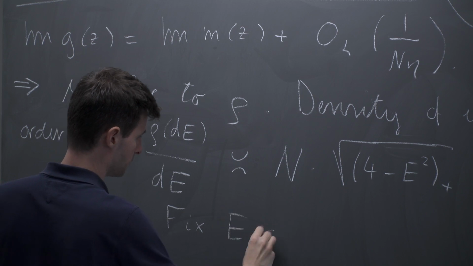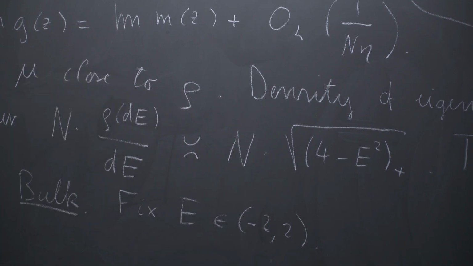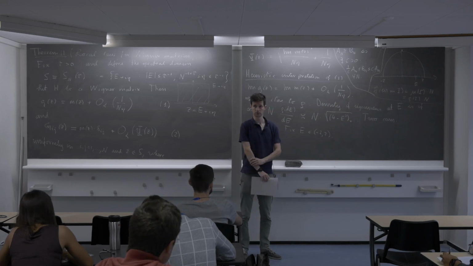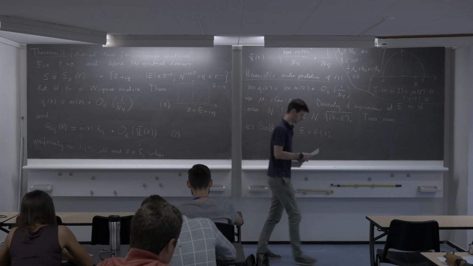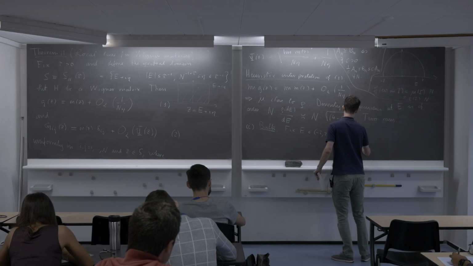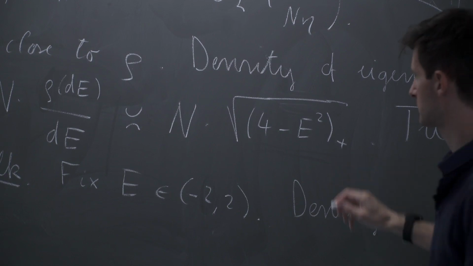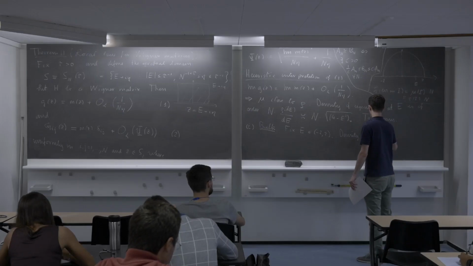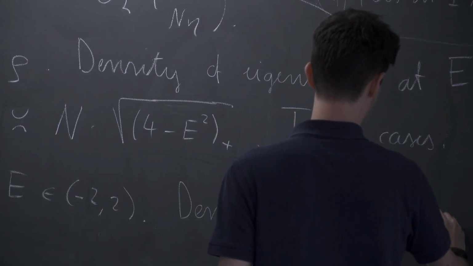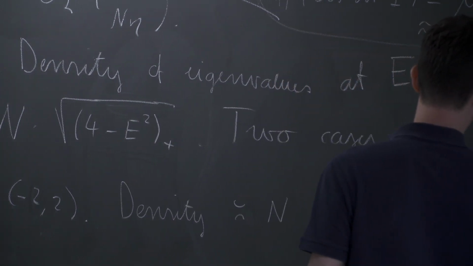So what does it mean? It means we fix an E, which means it cannot depend on n. It's somewhere in the interior of the interval -2, 2. That's what it means to be in the bulk. And the density, now this number is a fixed positive number. So the density is proportional to n, it's of order n. And therefore, the spacing is proportional to 1 over n.